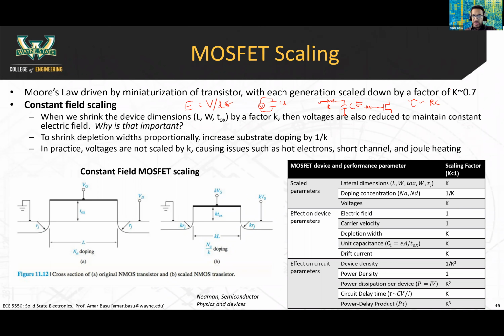In these switching circuits in an arithmetic logic unit, where you have logic gates, you're always switching these transistors from the on state to the off state over and over again, very, very fast. So at the fundamental level, you want to reduce the capacitance, and by scaling down the MOSFET, we are reducing the unit capacitance, and that is ultimately why we can get faster and faster clock rates as we scale down the transistor.